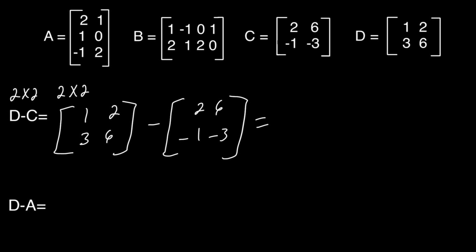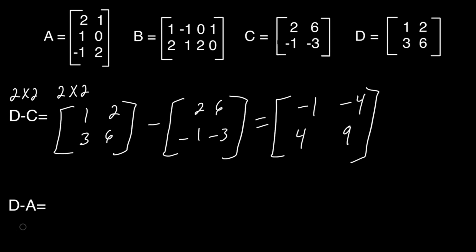And just like addition, subtracting matrices is very intuitive. We just line up the numbers and go ahead and subtract. So it's 1 minus 2, -1, 2 minus 6, -4, 3 minus -1, +4, 6 minus -3, +9. And that right there is the answer to D minus C.